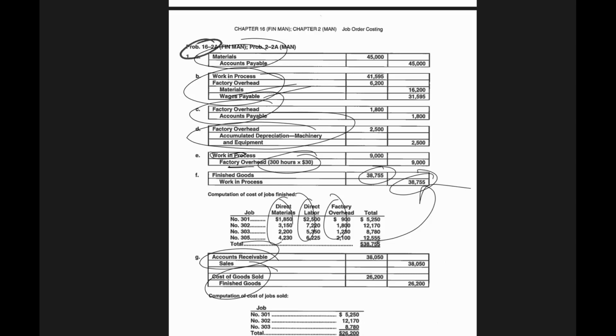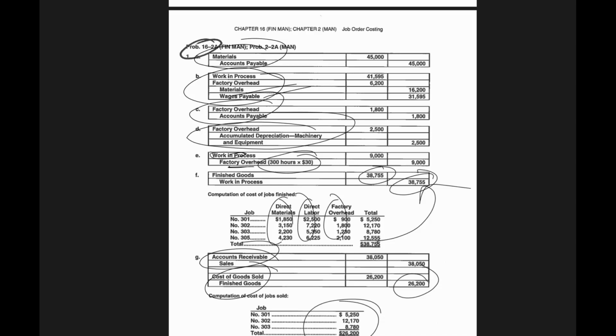So the calculation of all of the jobs that were completed, 301, 302, 303. So there were 3 jobs that were completed, 301, 302, and 303. So the total computation of the cost is $26,280.